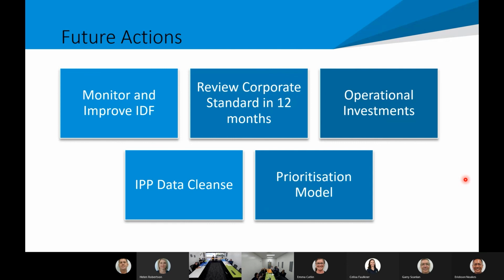Obviously then we can't use that to sell to councillors or anyone else. So the IPP data cleanse is all about getting confidence in that 10-year plan. And obviously now we're introducing this IDF, there's more information we're requiring, so there'll be empty data fields against all of them as well.